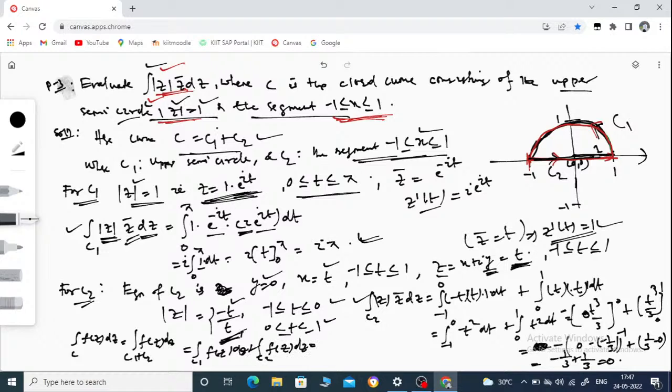We individually calculated both, so this is i pi plus 0, which is i pi. So this is your answer, i pi, or you may say pi i.